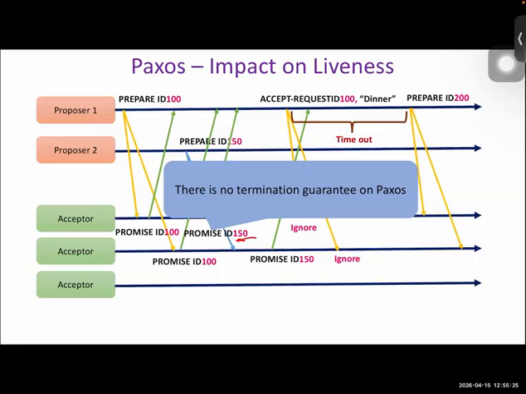An accept request with a lower ID will not be accepted by the majority, because that would require a majority of promises with the lower ID, but we got promises for a higher one. An accept request with a higher ID but a different value will also not be accepted by the majority.